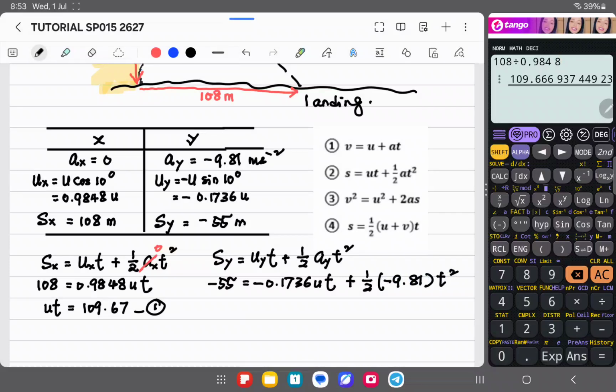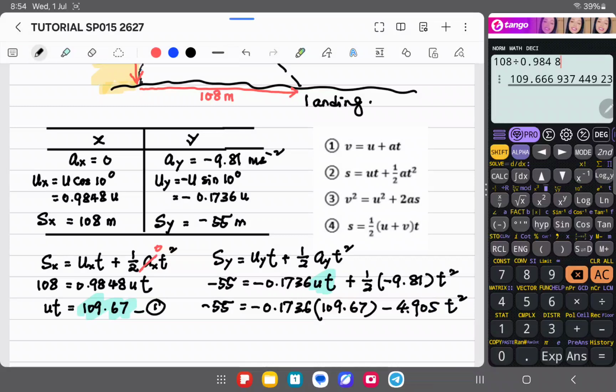Here we have ut, so I replace ut with 109.67. I'm going to have negative 55 equal to negative 0.1736 times 109.67, minus 9.81 divided by 2, which is 4.905, t squared.